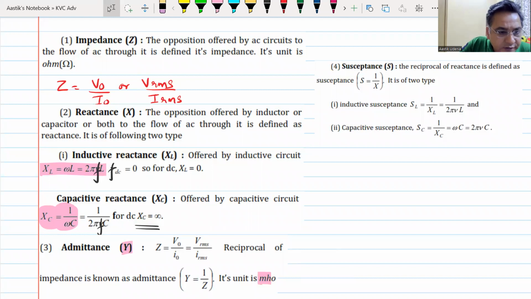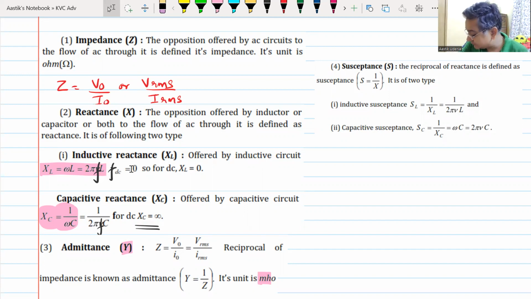And let's move ahead and see something which is known as the phasor diagram. Now, what is this phasor diagram? We are going to draw these voltages and currents as vectors. You can understand that between the voltage and AC current there is going to be a phase difference.